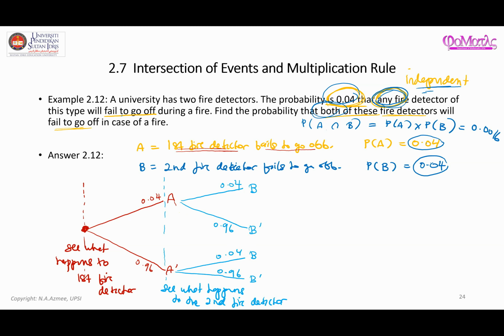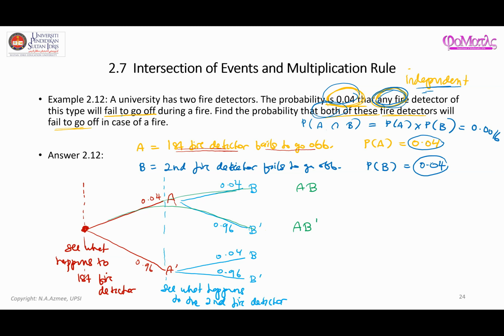If you follow the thought process which you have seen when you were in school, studying this type of probability problems, now you can see that this path here is the path where you observe A and B. This one is A and B prime, that means the first fire detector fails, but the second fire detector works well.